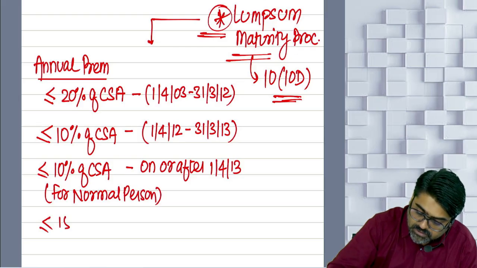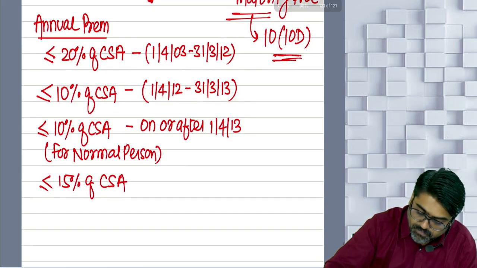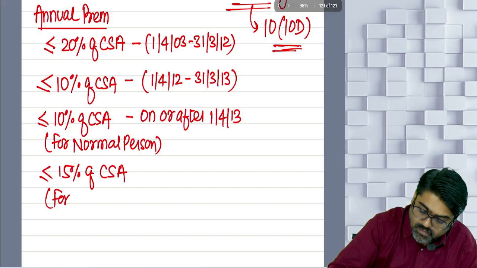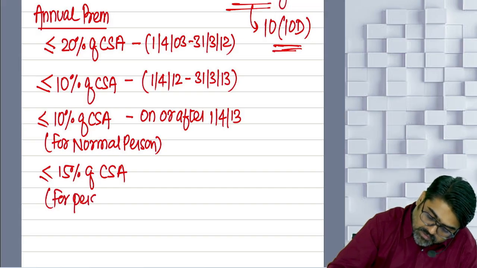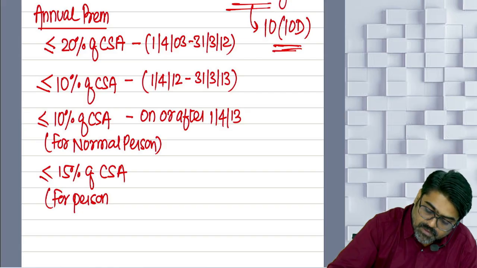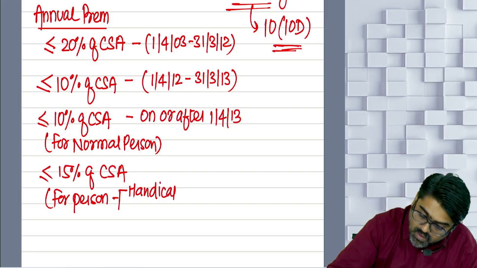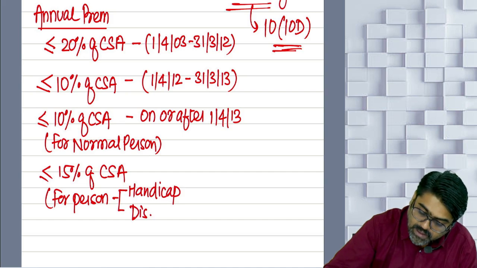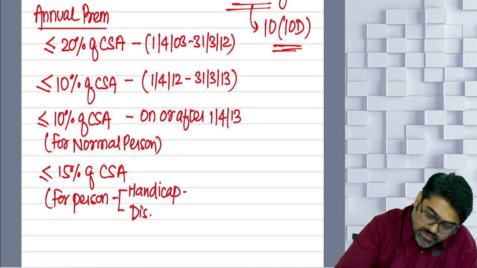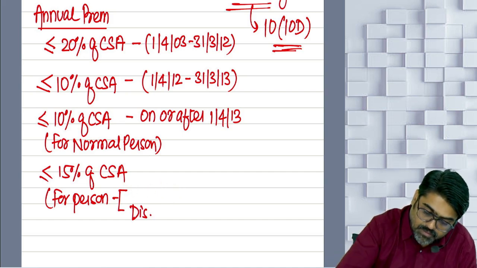But if the policy was taken for a handicapped person, then it is 15% of capital sum assured. The policy is taken for a person who is a handicap or suffering from a disease, suffering from disability.